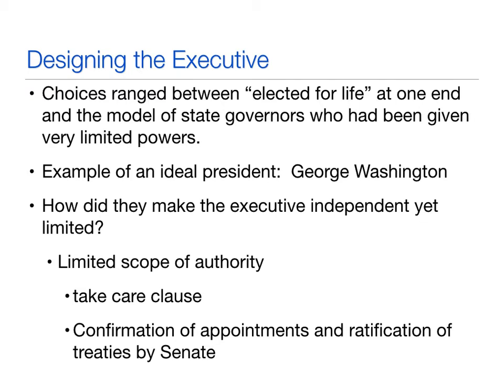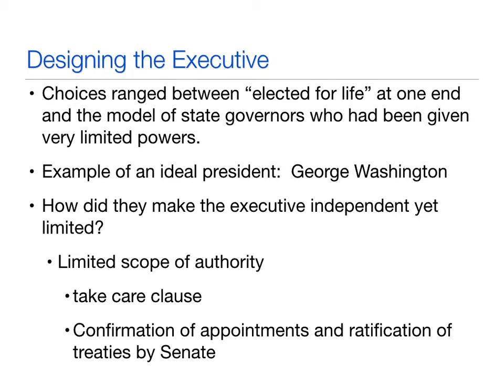But furthermore, if that wasn't enough to keep the president in line, they gave this office a limited scope of authority. So they basically gave the president the take care clause, which is the article in the Constitution that deals with setting up the executive branch, and it said the president shall take care to enforce the laws.